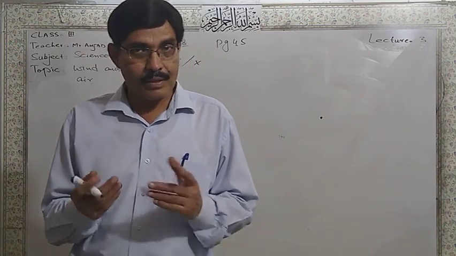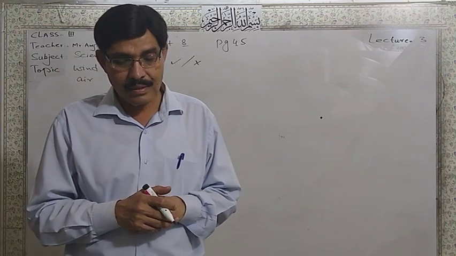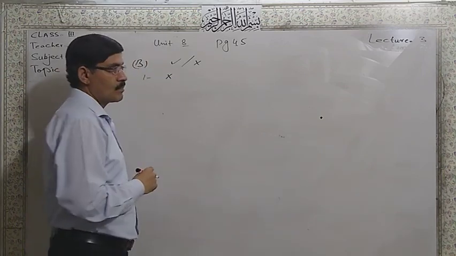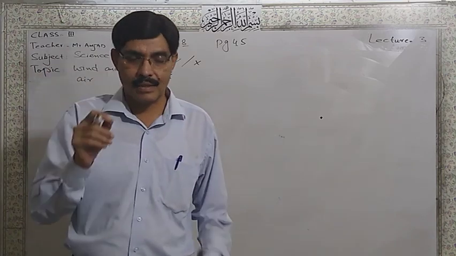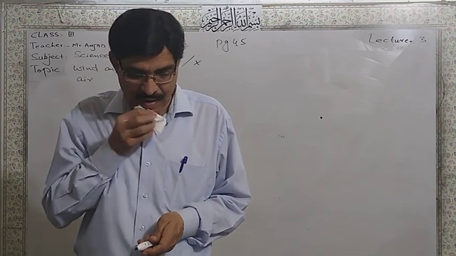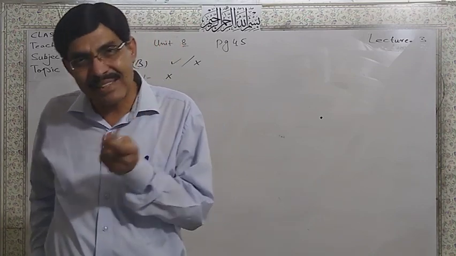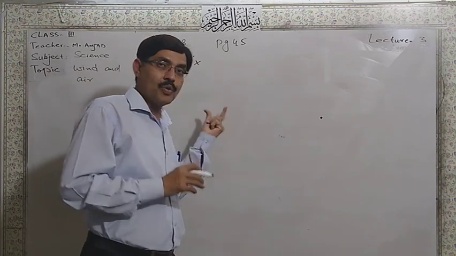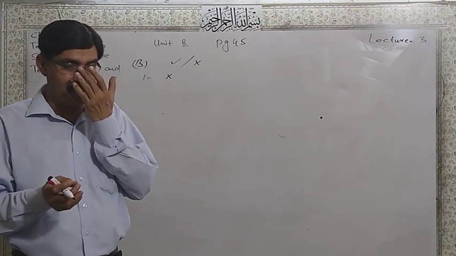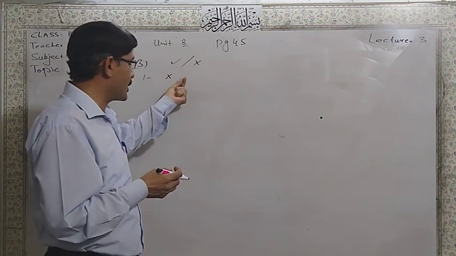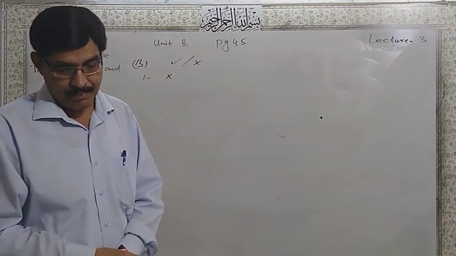That's why this is a cross, it's wrong. When you put tick and cross, you have to be careful about the correct answer. If you know the correct answer, then you will be able to answer well on the basis of tick and cross.